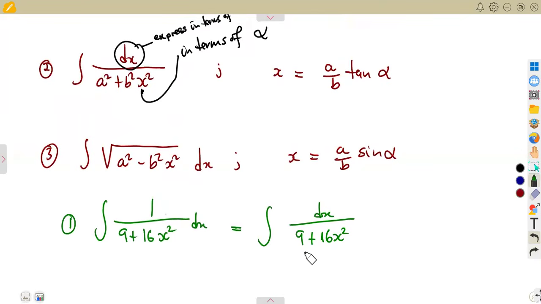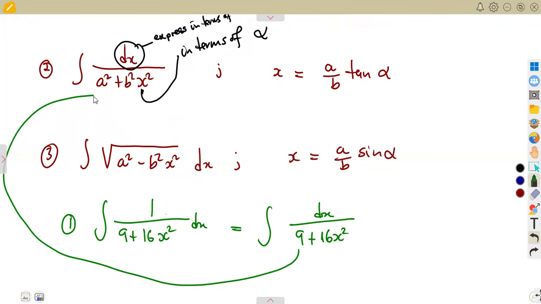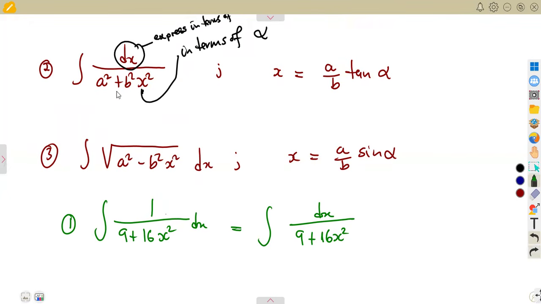Given this condition, the format is exactly part 2, number 2 there, where we are given dx over a squared plus b squared x squared. So how can we write the 9 and the 16 as squares? The 9 is the same as 3 squared, and the 16 is the same as 4 squared.